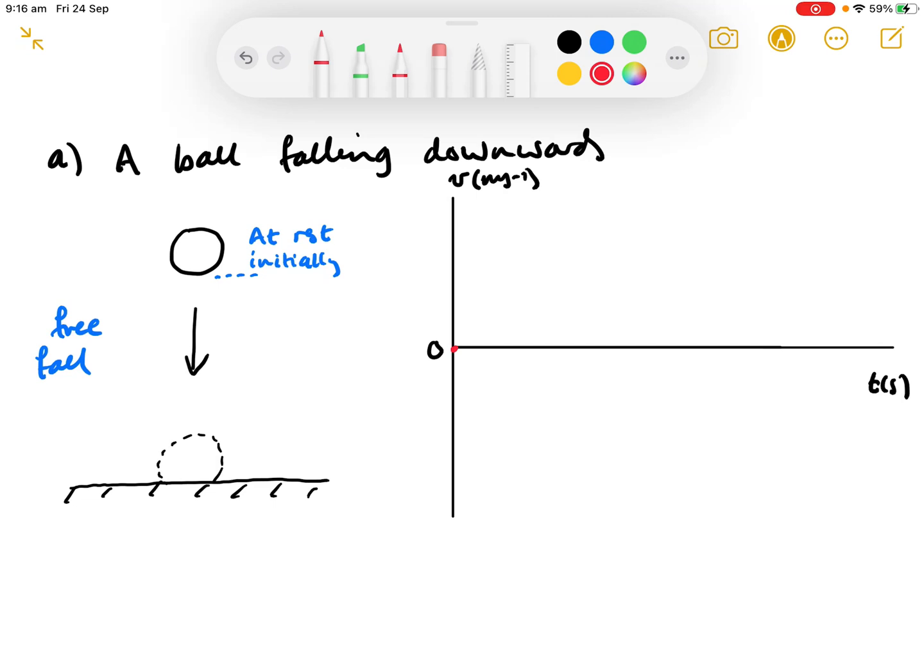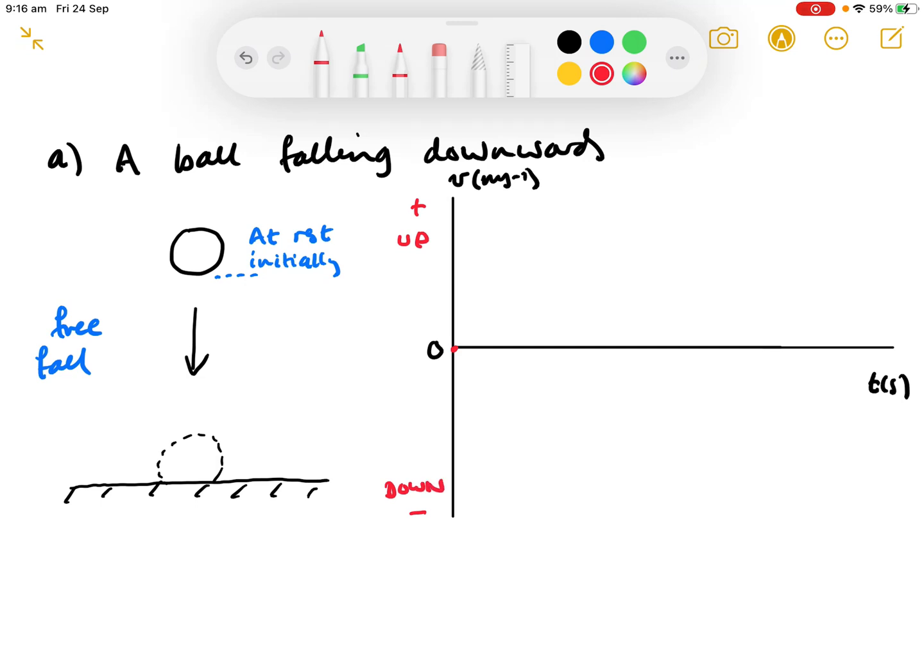When time is 0, velocity is 0. Perhaps we could just add in here that this is the positive part of the y-axis and this is the negative part. And what that means is that if the value of the line, the points plotted, is a positive velocity, that means it's going up. And if it's negative, it means it's going down.